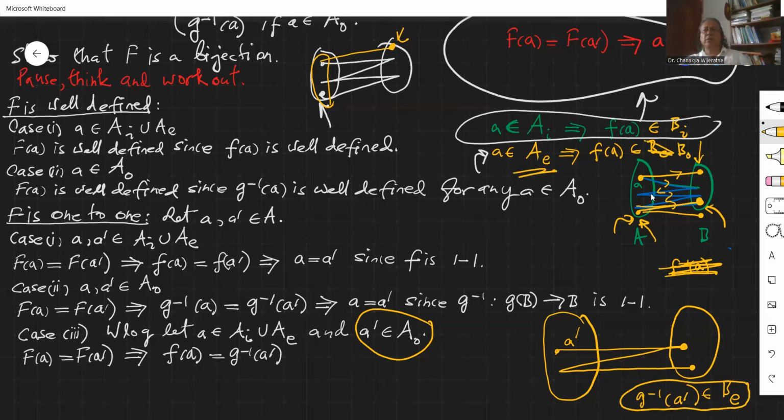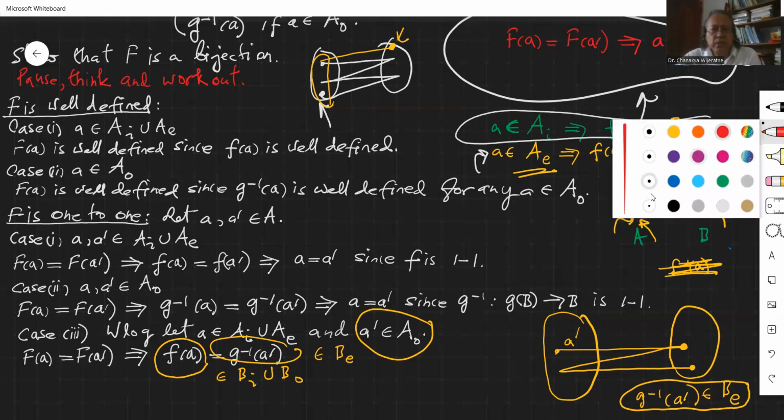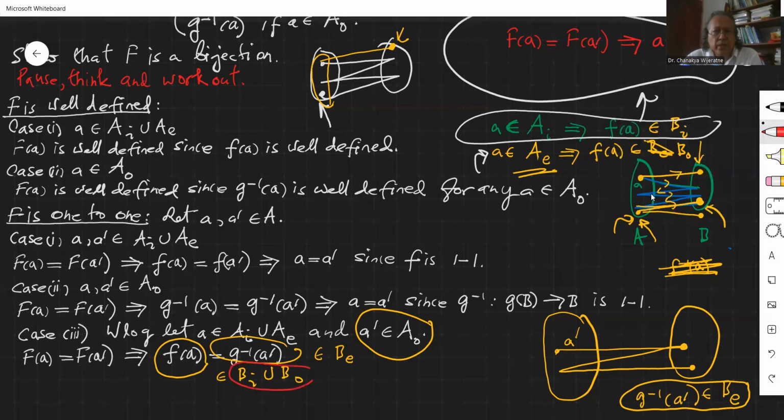I found that mistake because what happens here is that f of A belongs to BI union BO, and this one belongs to BE, but BI union BO and BE are disjoint.